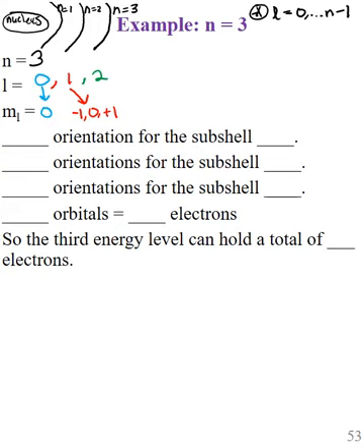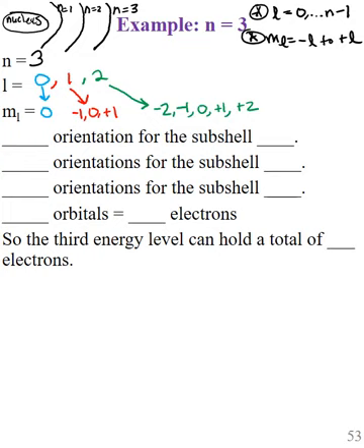Again, this is one of those you have to memorize: m sub l can have any values between -l to +l. And the last one, if l equals 2, m sub l could have any values between -2, -1, 0, +1, and +2.